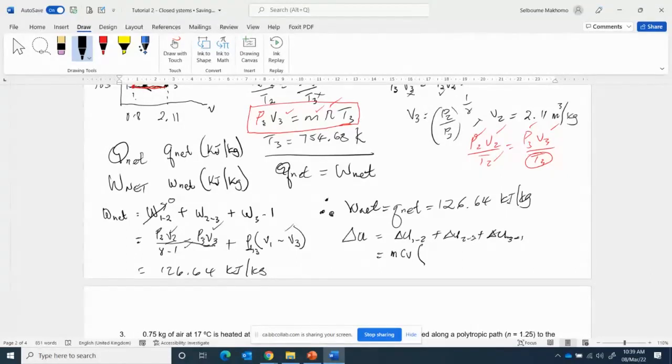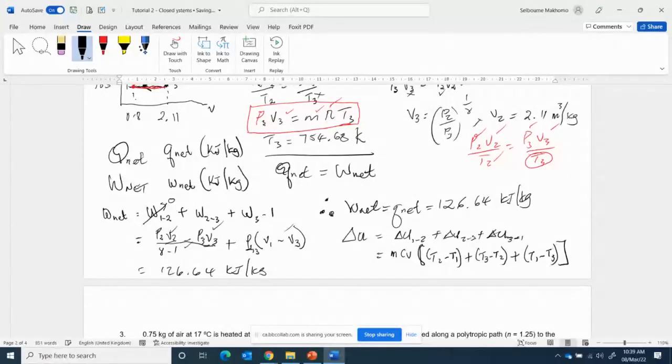Between 1 and 2, we are going to say T2 minus T1, plus the second one is going to be T3 minus T2. The last one is going to be T1 minus T3.